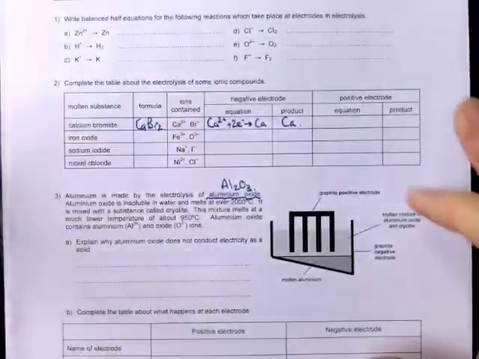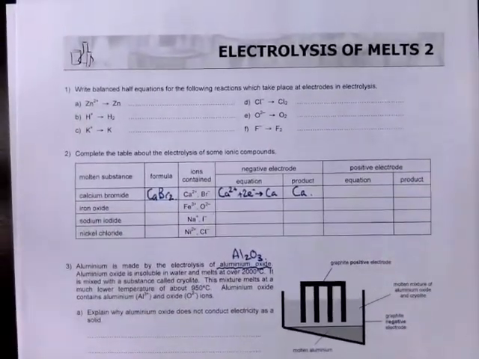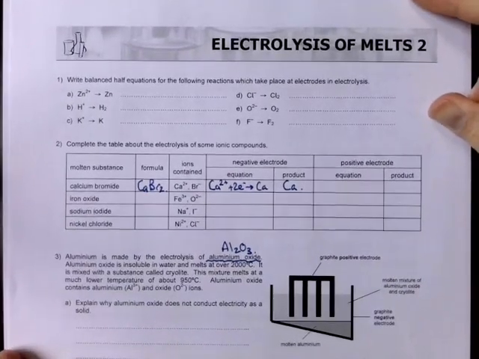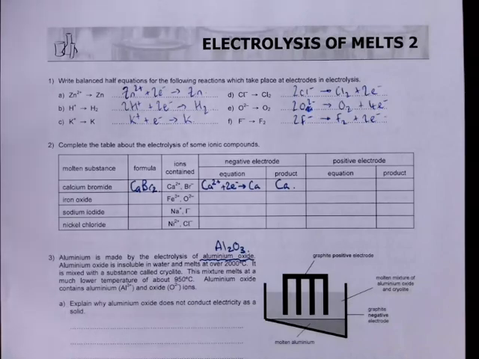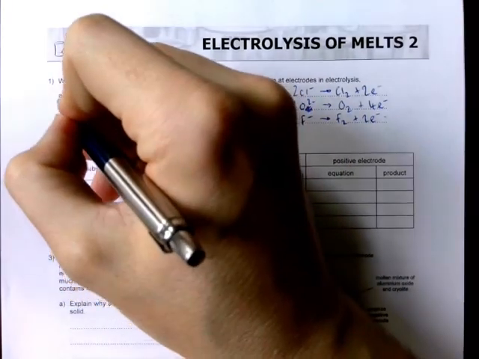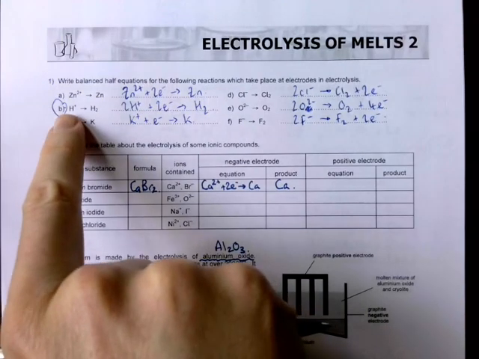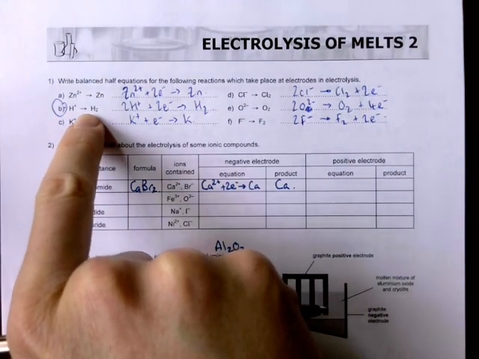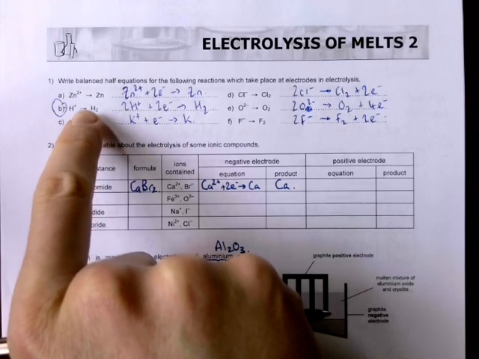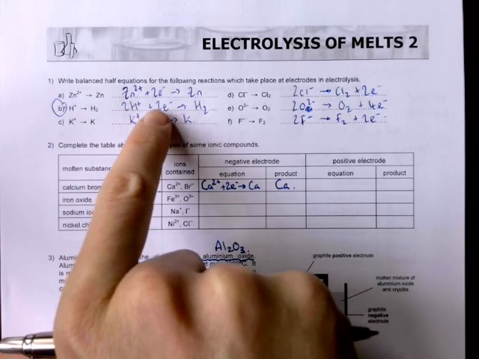All right. So up here, by now, you should be getting the hang of these half equations. Okay, so the only one here that's slightly different is this one, where we have H+. Now, remember, hydrogen obviously is not a metal, but you see that it is being reduced like a metal.